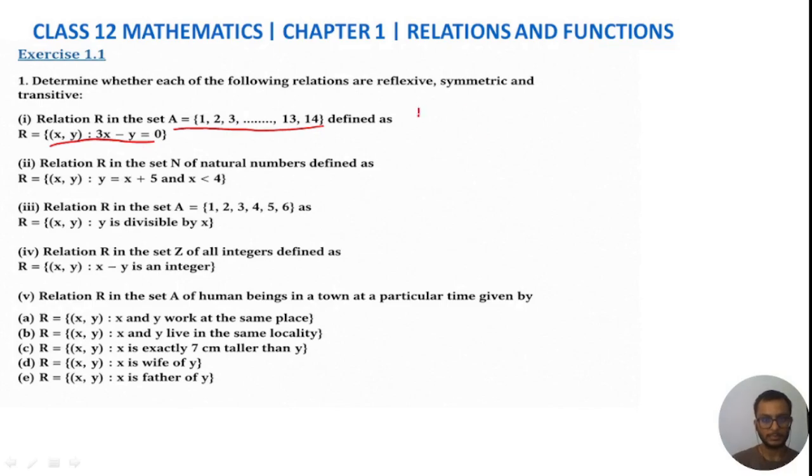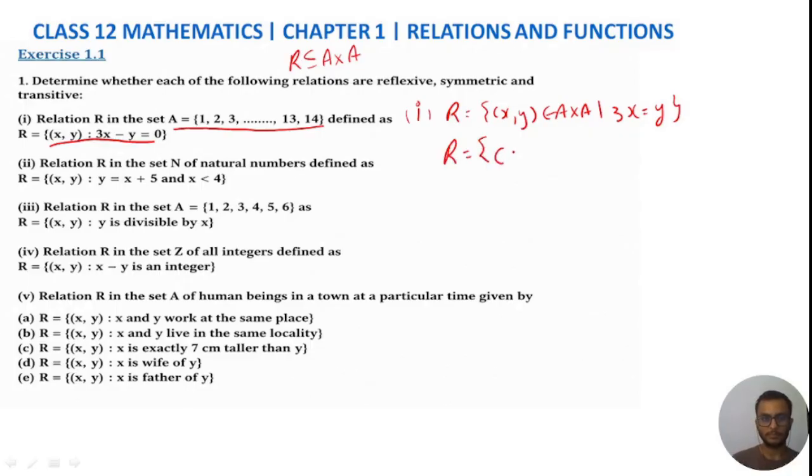So if I write this, R is the set of pairs (x, y) from A cross A such that 3x equals y, right? This (x, y) should be from A cross A because R is a relation and we know a relation is a subset of A cross A. So let's see which elements will be in this relation.